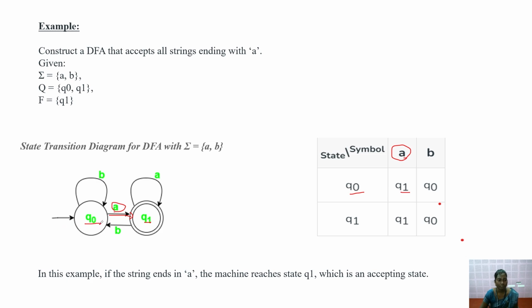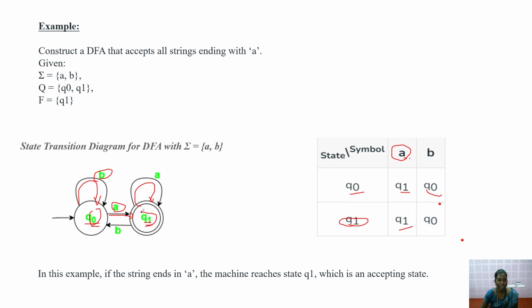Next, from Q0 with input symbol B, it moves to the state Q0 itself. Next, coming to the state Q1, with input symbol A, Q1 stays in Q1 itself. So here it is represented as Q1.